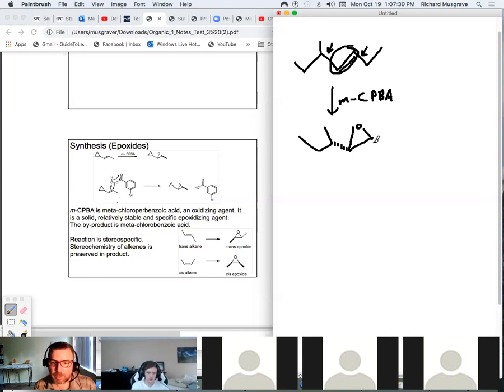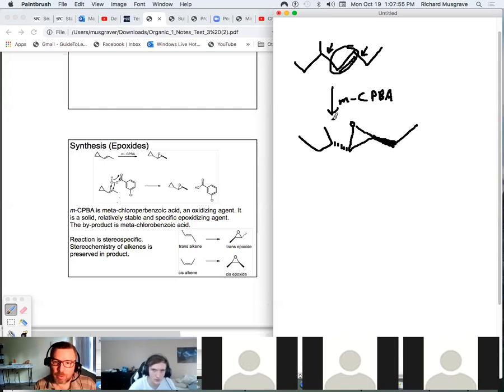So draw the epoxide in the plane of the page. And you can see all I've done there is just taken that double bond and turned it into a triangle with an O, essentially. And then I made sure that of the bonds directly attached, one is a wedge and one is a dash.